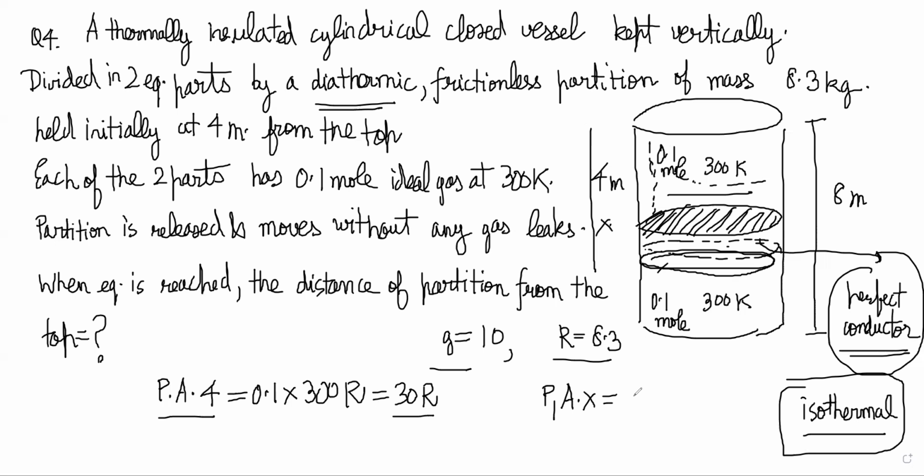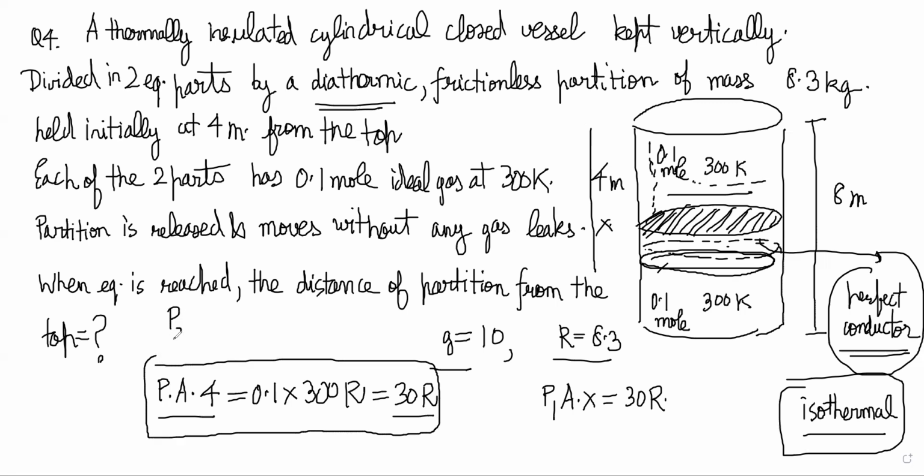And the same equation was true for the other part of the gas also initially. But now for that, it will be P2 into area into the distance, which is now 8 minus X, is equal to 30R, right?